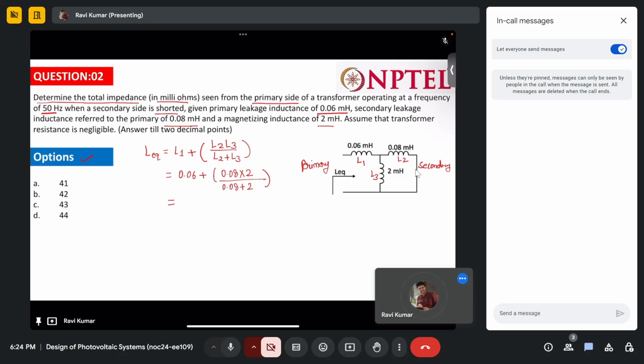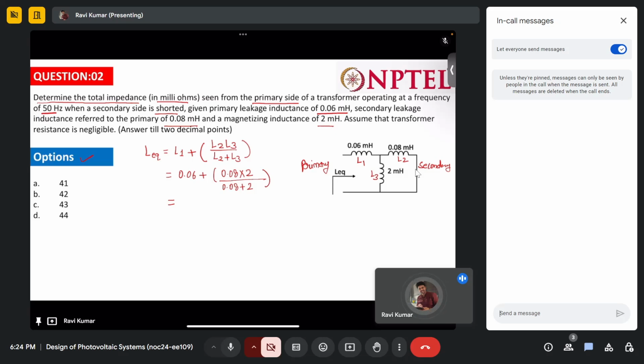How much is it coming then? Okay, let me do the mathematics. 0.08 into 2 divided by 2.08 plus 0.06.